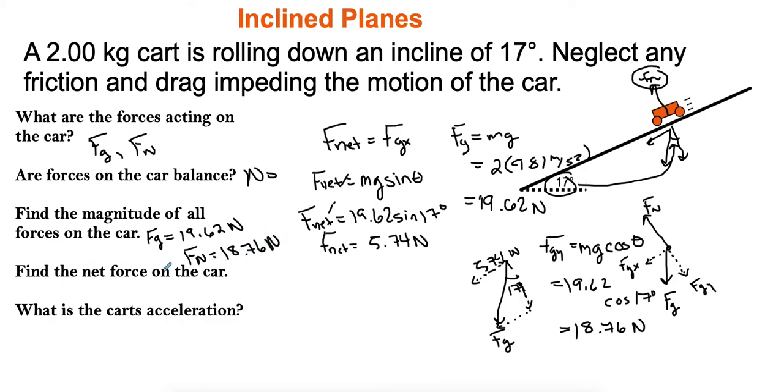Okay, so net force on the car, I kind of jumped ahead. I did that already, because the only force that's pulling us down, the net force, is gravity, the x component. So we found net force there. And now we need to find the cart's acceleration. We have to remember Newton's second law, F equals ma.